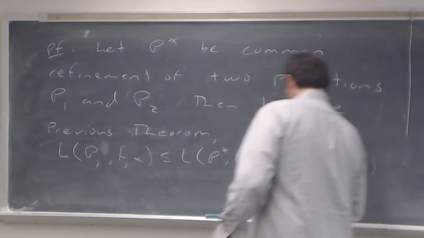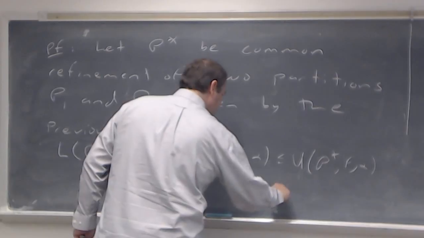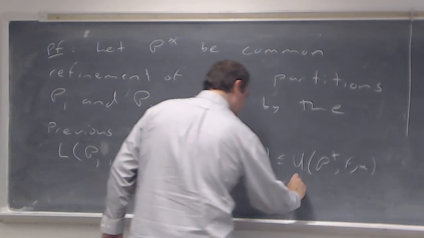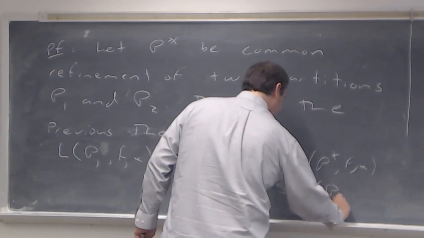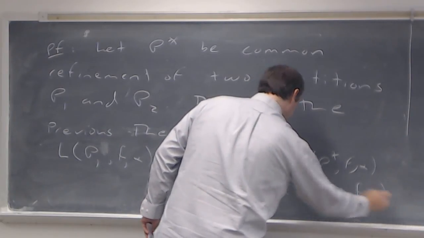And then by the part of the theorem I didn't do, that's going to be less than the upper sum with P sub 2, F, and alpha. That's what we have.